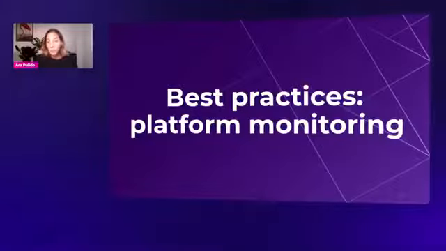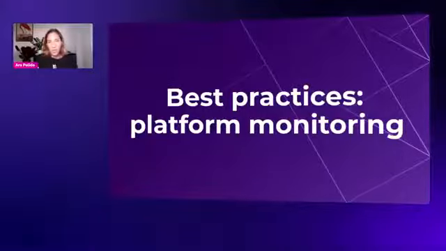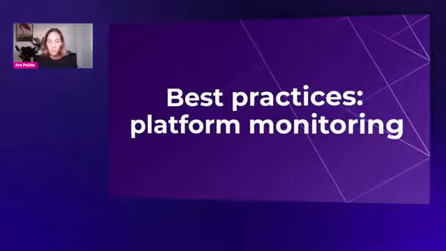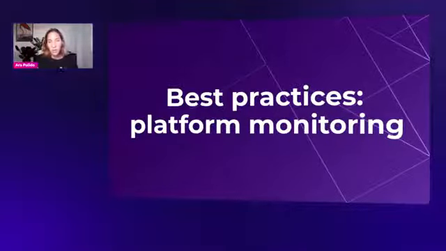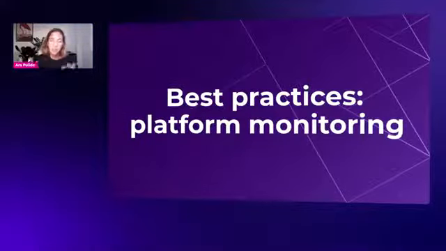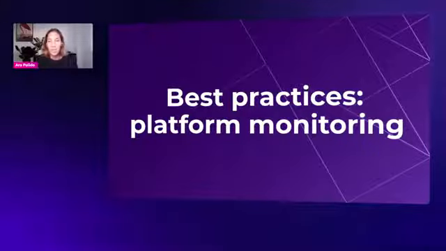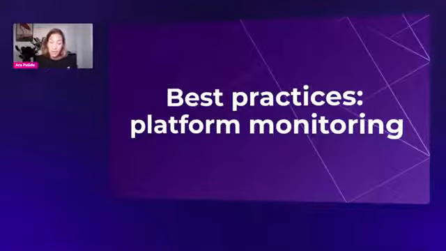Fantastic. So now platform monitoring. When you're on Kubernetes, we normally talk about control plane nodes versus worker nodes. Some people run Kubernetes in a managed infrastructure, like managed Kubernetes as a service that some clouds provide, like GKE, AKS, or EKS, depending on the cloud that you're running on.